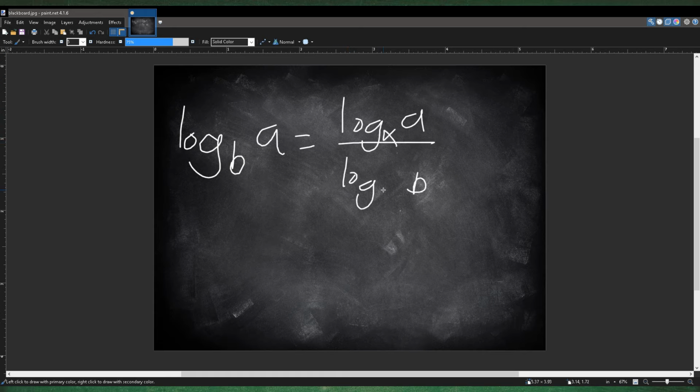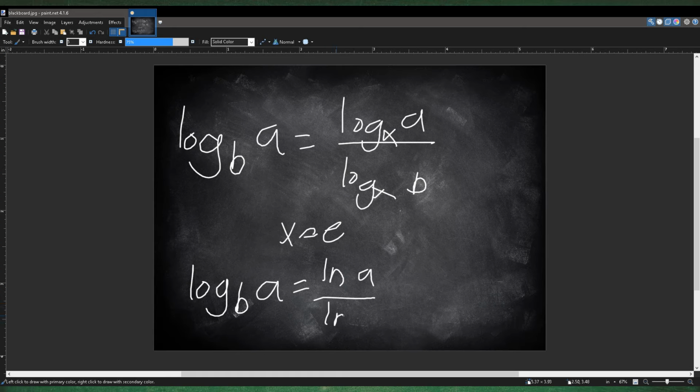And they're both base x. Imagine if the x was equal to e. So now you have log base b of a is equal to log base e of a, which is just ln of a over ln of b. You see how that works? Now you can switch it to ln, which is the same thing. So log base b of a is the same thing as ln a over ln b.